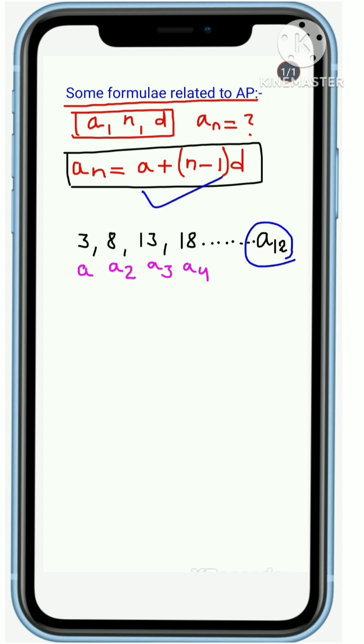Now for finding its last term, that is A12, we can use this formula. For that, in this AP, A, that is the first term, is 3, D, that is the common difference, will be A2 minus A. We obtain A2 is 8, A is 3, then the common difference D will be 5.